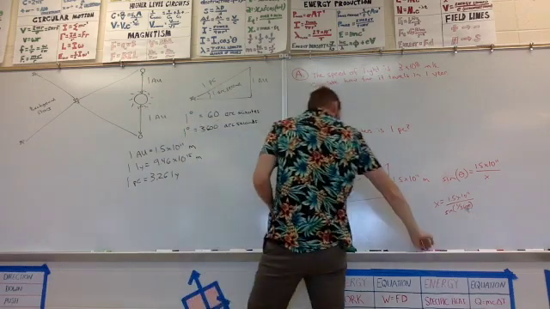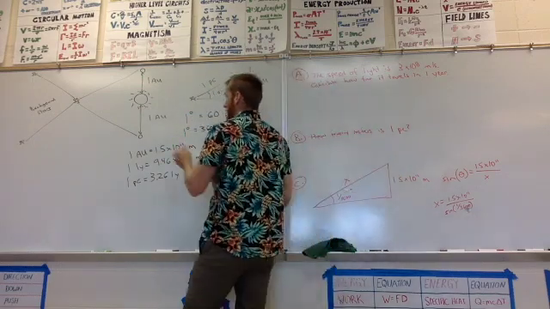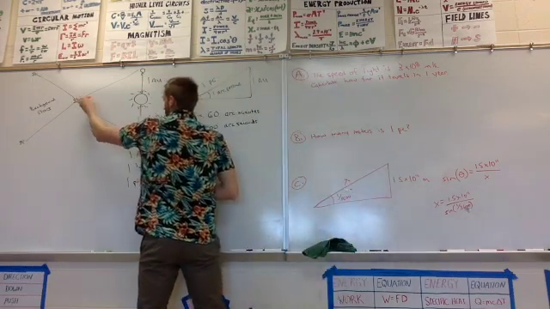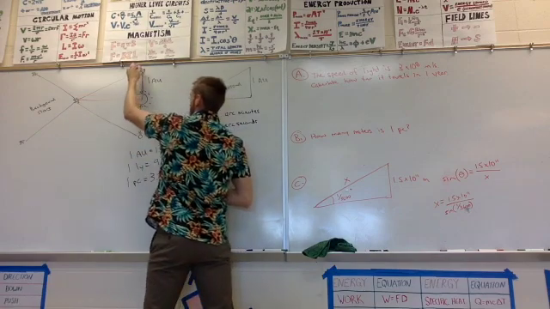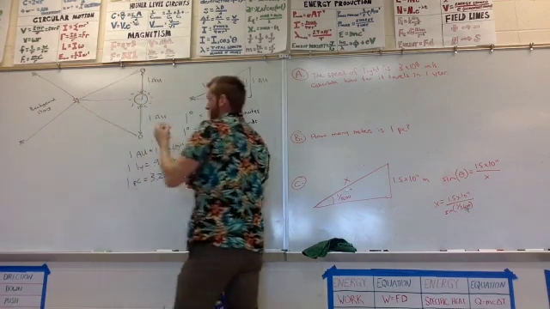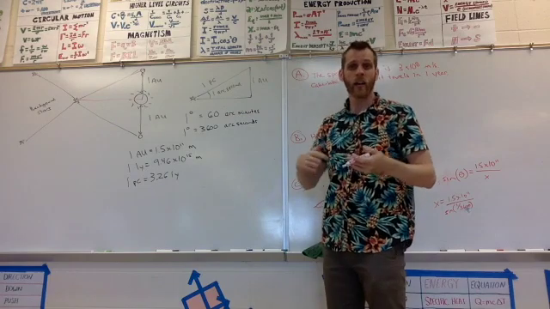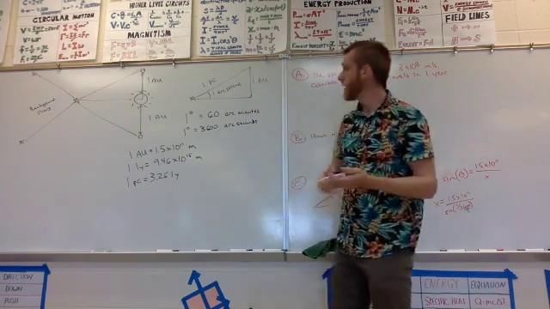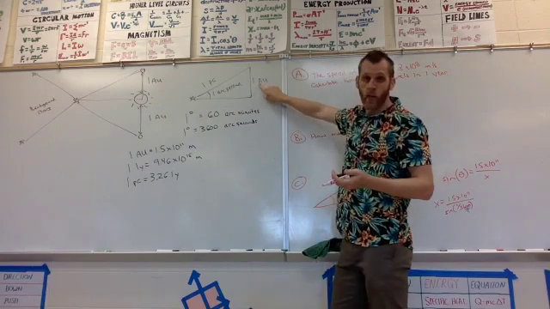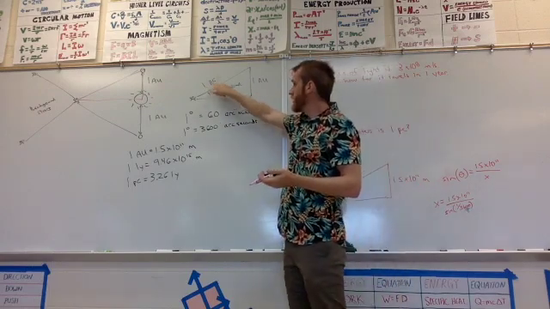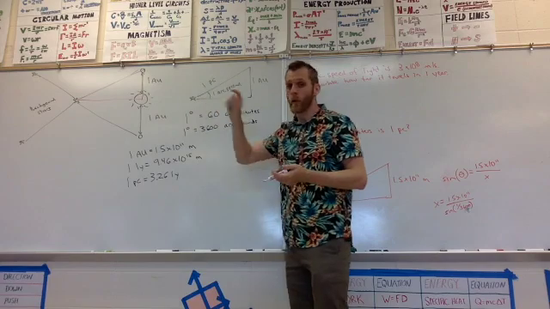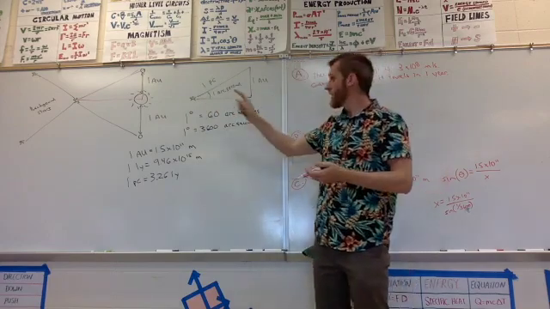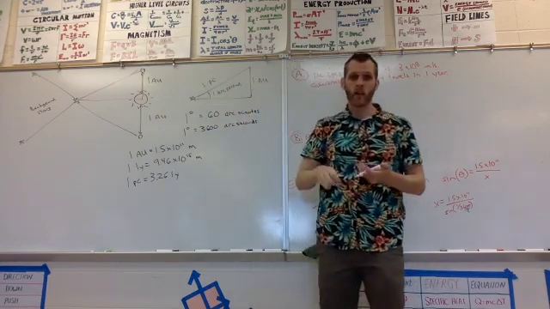And if I draw a triangle here, from the star, it's really far away, to the Sun, to me, or I can draw a triangle on the other side, the same triangle. I have a triangle, and I can use good old SOHCAHTOA and trigonometry to figure out some stuff about that triangle. So this side of the triangle is 1 AU. The distance from here to there is 1 parsec if this angle is 1 arc second.